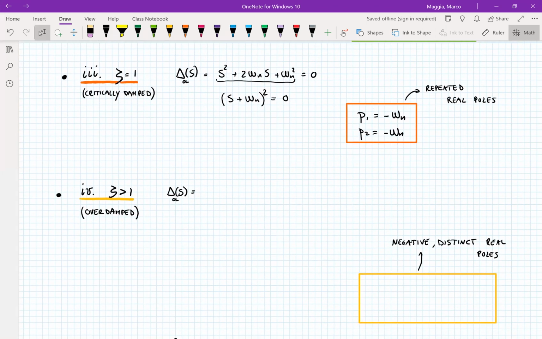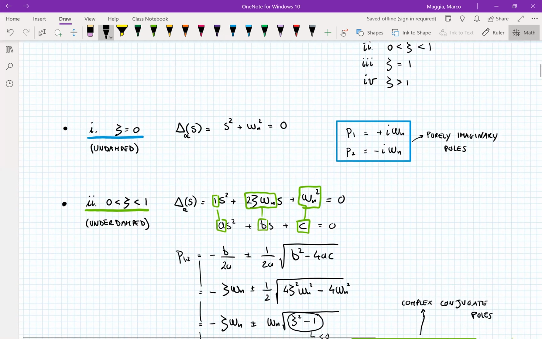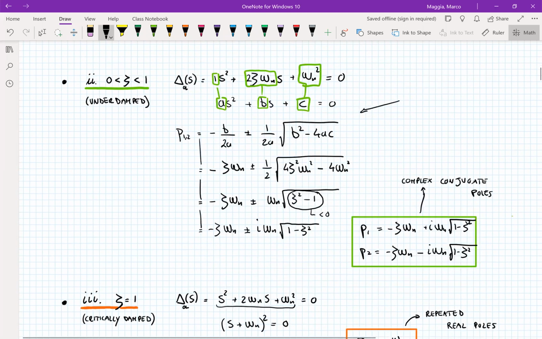Finally, if we have a damping ratio that is greater than 1, that is, if we are considering an overdamped system, then once again, we have the full expression for the characteristic equation. This time, though, the argument of the square root is going to be positive.